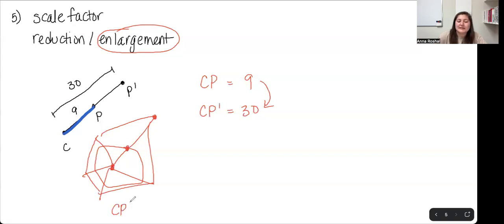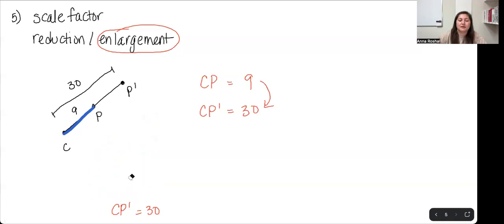And on the bottom, it said C prime is 30. And they gave you over here that this is 9. So you had to visualize that it's going from the smaller piece to this larger piece. I'm going to erase all this because I think it's just a little bit ridiculous. And I think once you realize that you're looking just for a specific line, it's super easy to tell if something is an enlargement or a reduction.